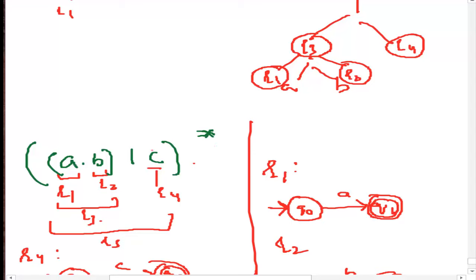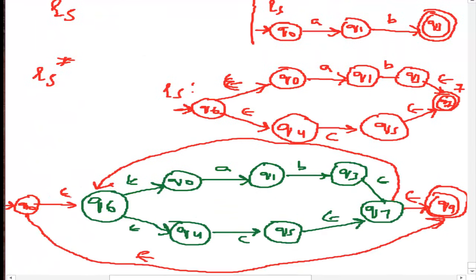It will be fewer states because concatenation will make it fewer. If you see, it's 9 states. How many states do we have? 1, 2, 3, 4, 5, 6, 7, 8, 9. Yeah, 9 states we have. So that's less than 12 actually. So we can't have more than 12 states in this, right?